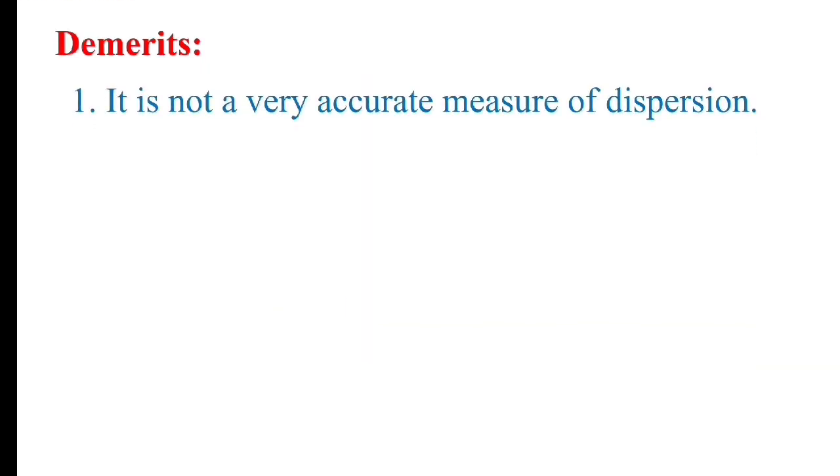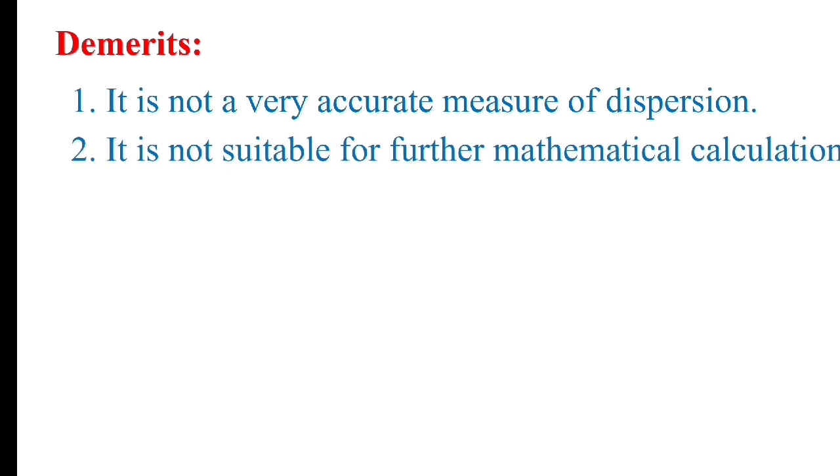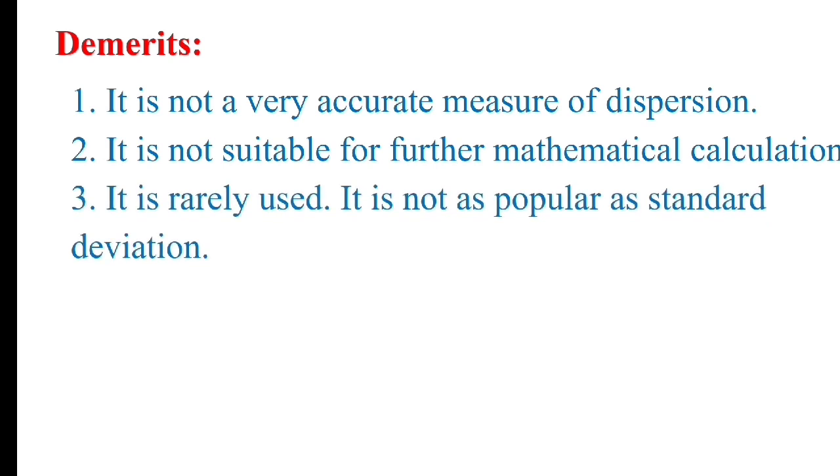Demerits. It is not very accurate because the sign is ignored. That is the way it is not a very accurate measure of dispersion. It is not suitable for further mathematical calculation. We do not use mean deviation much in further statistical analysis. It is rarely used. It is not as popular as standard deviation. Standard deviation we are going to study in the next part.